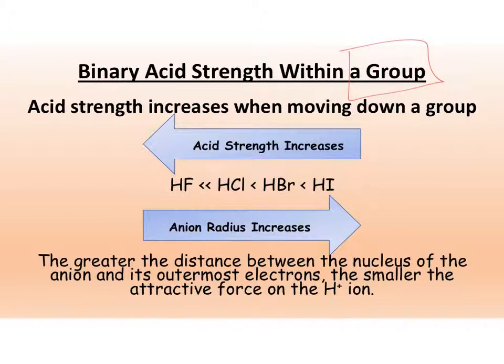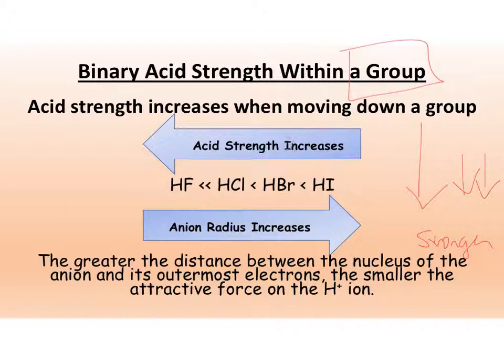So as you move down a column, down the periodic table, the acid should be getting stronger, or the strength should be increasing, because your radius is increasing, right? I mean, we're dealing with more and more rings as you go down. So the acid should get stronger and stronger as they move down.